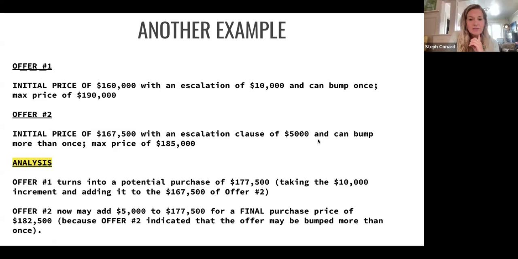So this is an example to show you that it might be in your buyer's best interest to include that they can bump more than once. It will still only go to the max price. It's never going to go beyond that, so your buyer is protected in that sense.